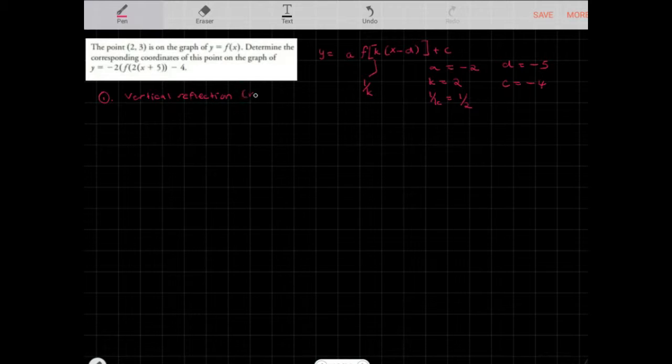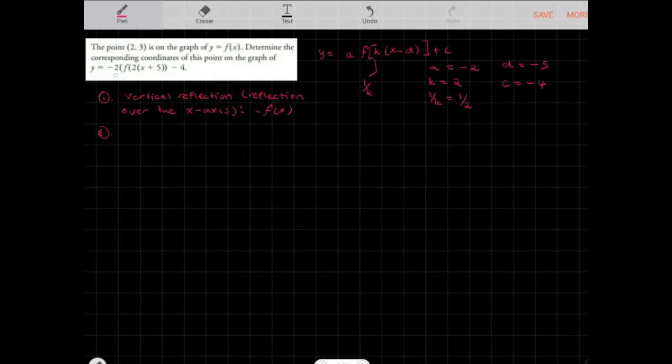Okay, so vertical reflection, or reflection over the x-axis. After we looked at the negative, this vertical reflection, from a function standpoint, looks like negative f of x.